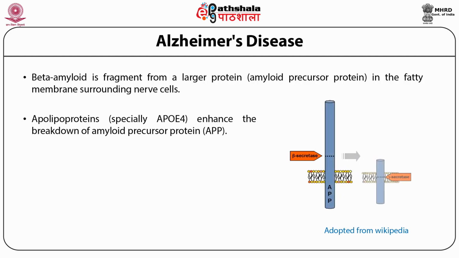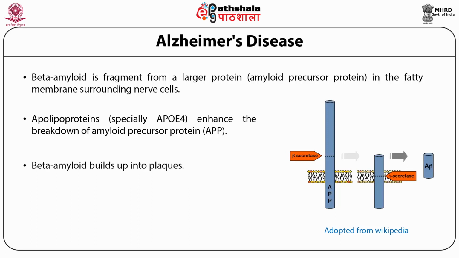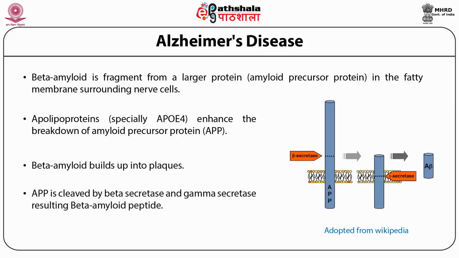The amyloid precursor protein, APP, is cleaved by beta secretase and gamma secretase, resulting in a beta amyloid polypeptide, and the beta amyloid builds up into plaques. This beta amyloid polypeptide is expected to form longer fibrils, which I will show you in the next slide.